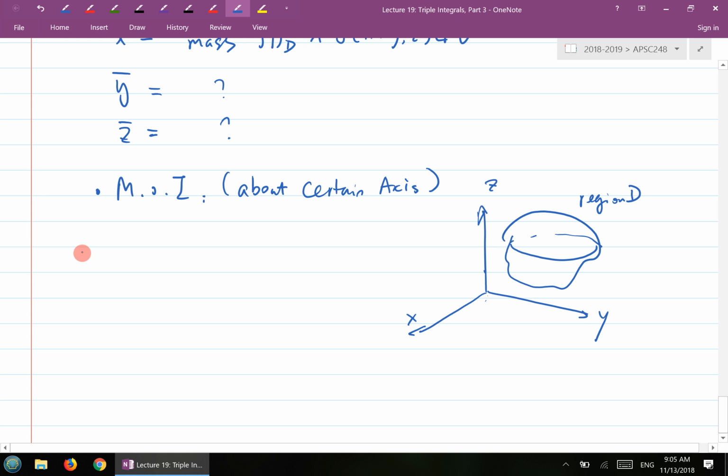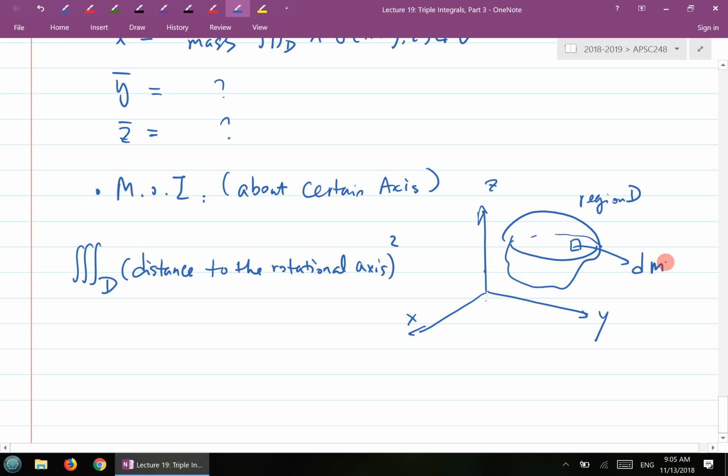But typically, if this is a region D representing that 3D object, the formula is always basically the distance to the rotational axis squared. Here's the distance to the rotational axis. For example, I'm going to pick a very small mass over here, a small mass dm.